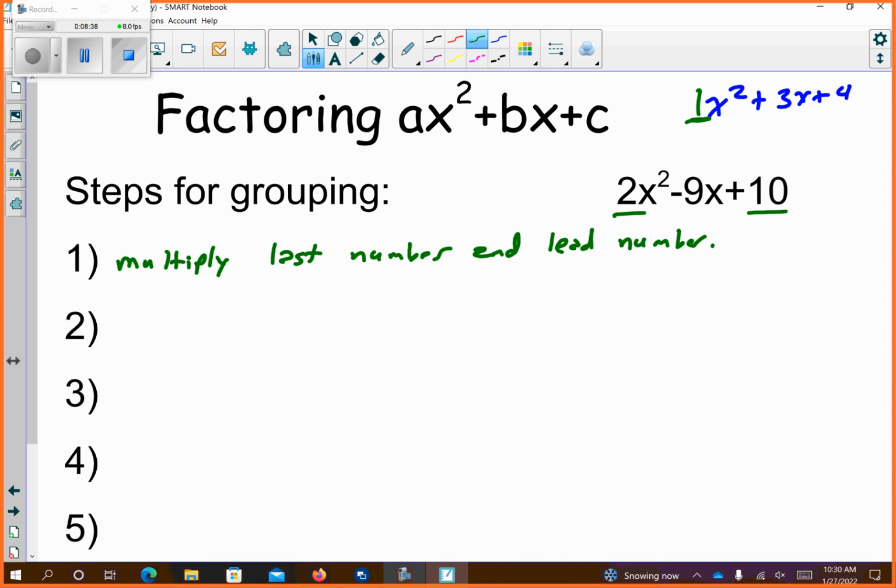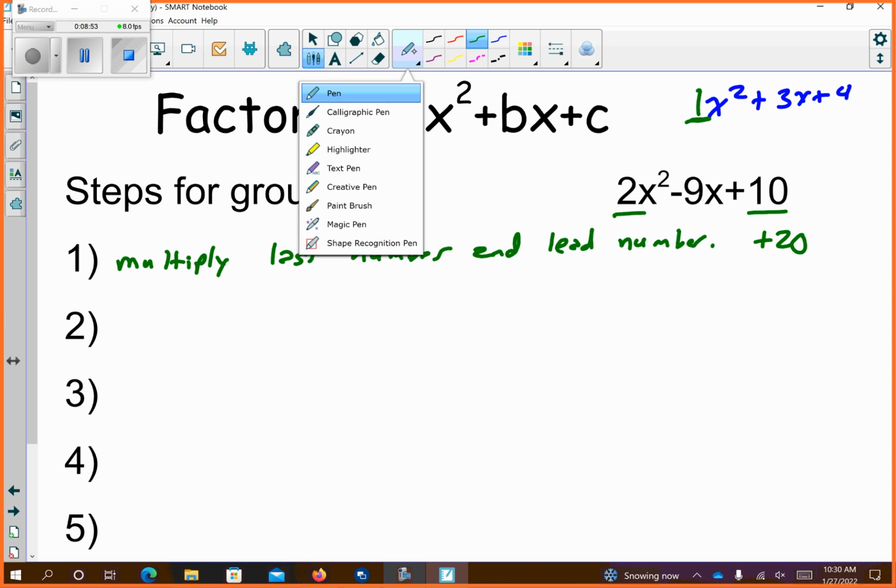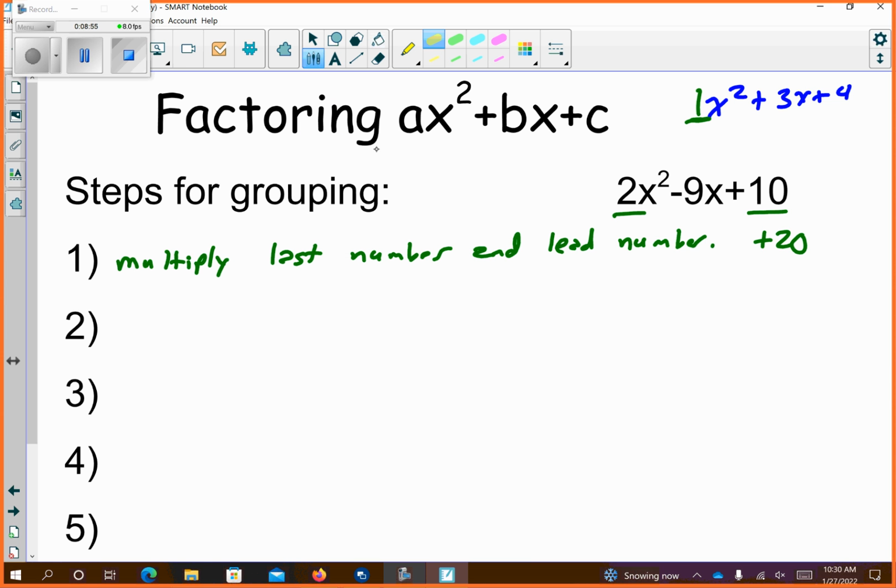It's positive 20. So that's the first step. Does it seem okay so far? Anyone stuck? I'm going to highlight this because we're going to utilize that. Seem good?